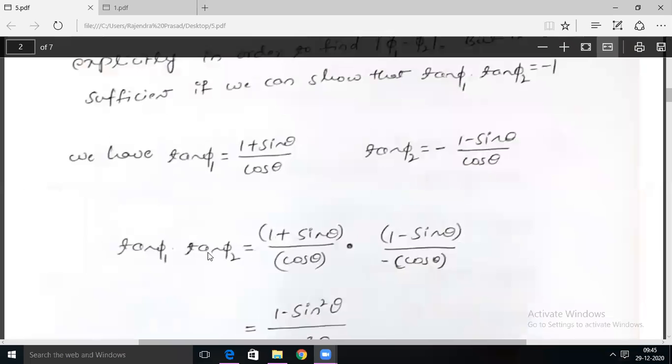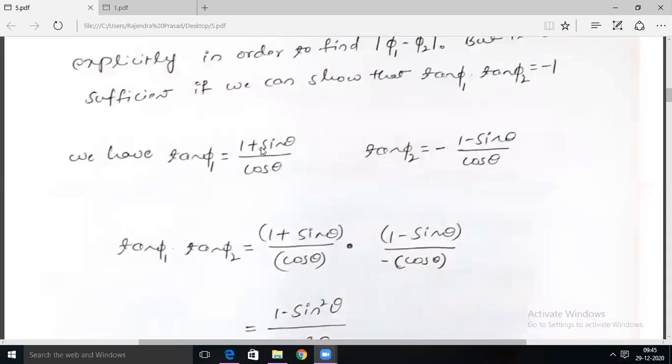Right, tan pi 1 into tan pi 2. Tan pi 1 we have here 1 plus sin theta upon cos theta, into tan pi 2 we have here minus, we can write 1 minus sin theta upon cos theta, multiplication here. So 1 plus sin theta upon cos theta into minus 1 minus sin theta upon cos theta.